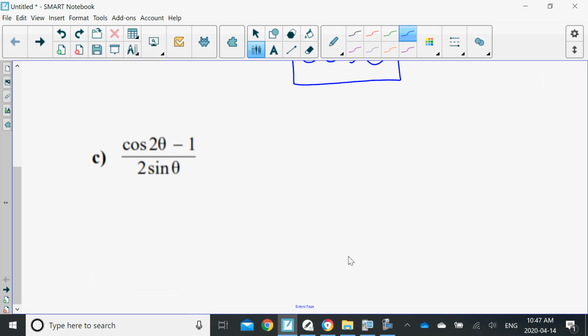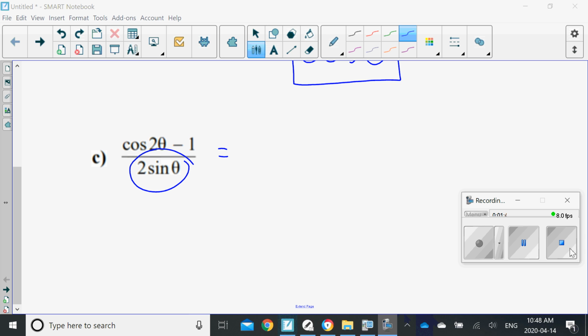Okay, let's do C, which is the more complicated of the two, but you really need to understand this one. 2 sine theta, there's nothing that I could do to rewrite that.